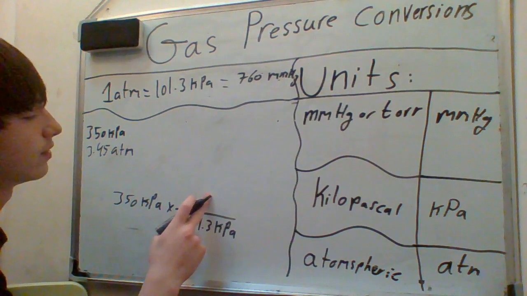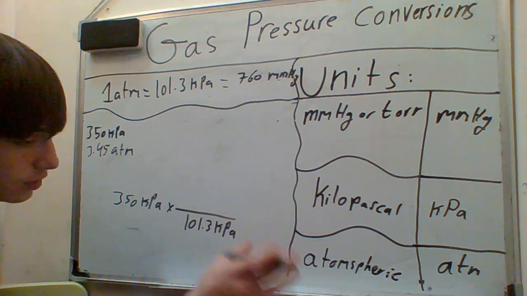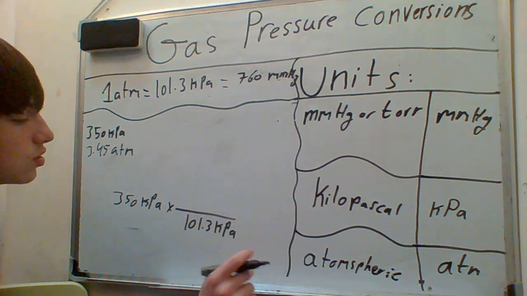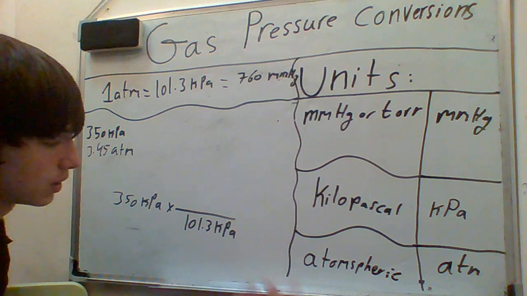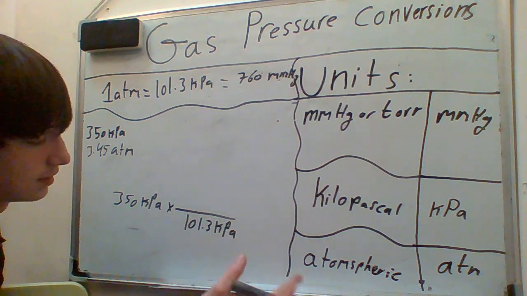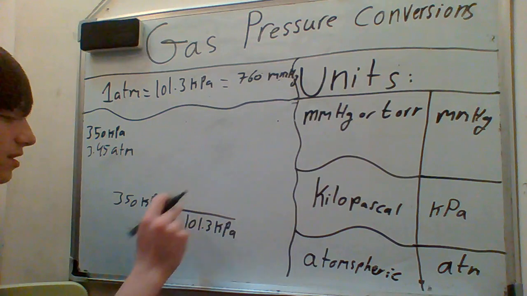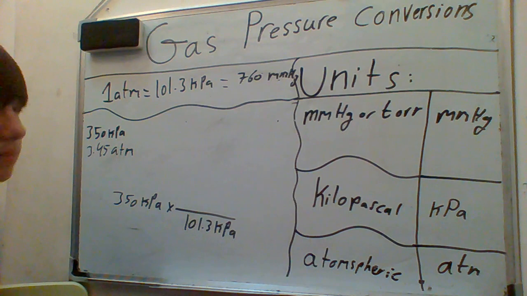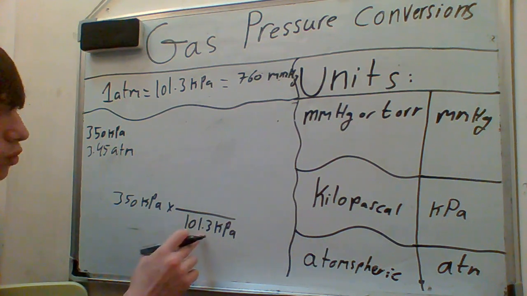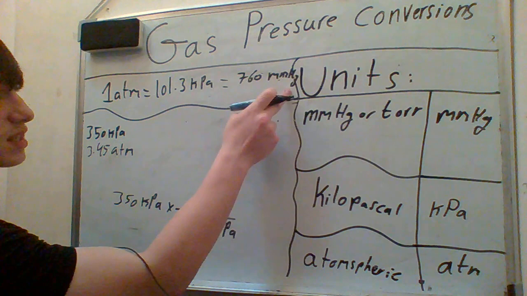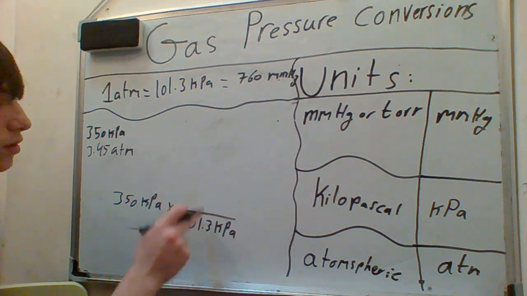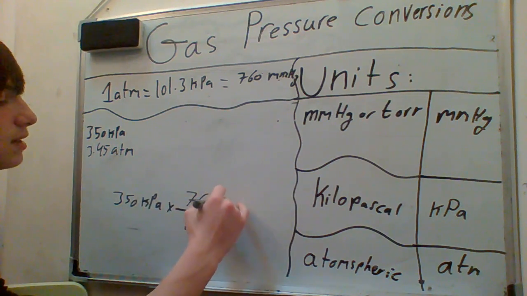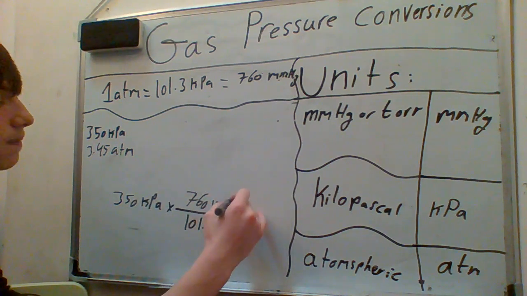Above it we write the unit that we need to convert to, which is millimeters of mercury. We need to write how many millimeters of mercury equal each 101.3 kPa. Every 101.3 kPa equals 760 millimeters of mercury, so we write 760 millimeters of mercury above.